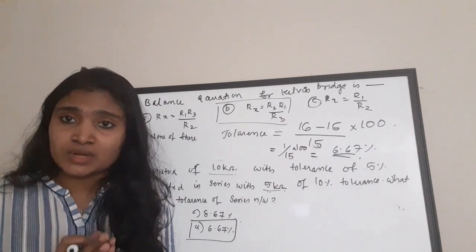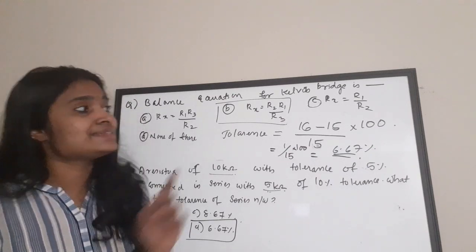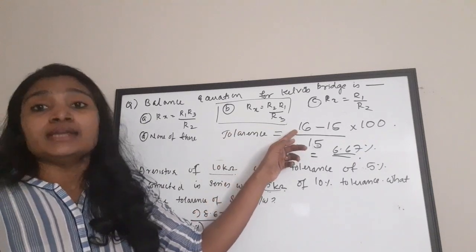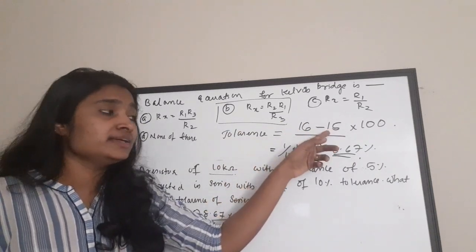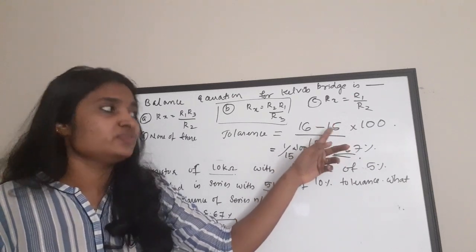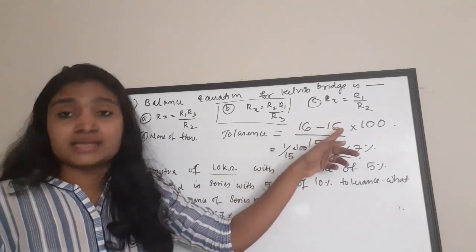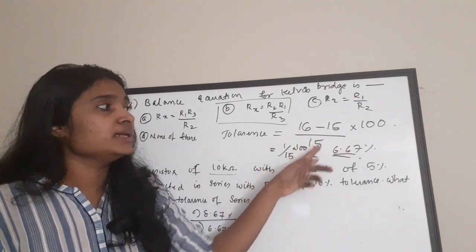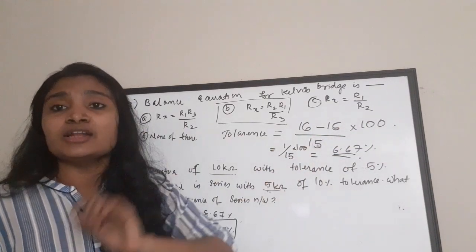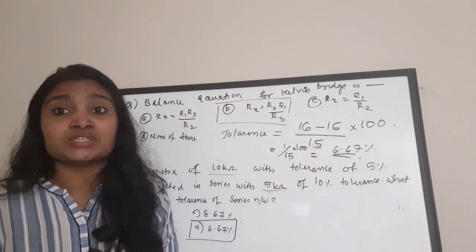Then subtract the value and find the percentage. So 16K is the value including the tolerance and 15K is the value excluding the tolerance. Very simply, if you add the two resistors, it is 15K. So the percentage of tolerance is 16 minus 15 by 15K into 100. The value obtained is 6.67 percentage. I hope this question was clear.